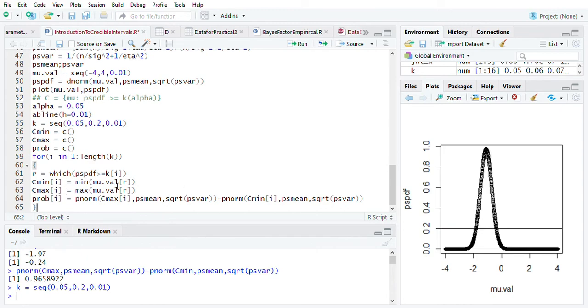The minimum of that set gives me the lower limit for the interval, and the maximum of the set gives me the upper limit for the interval. Now once the interval is constructed, we check whether the interval fulfills the condition that the probability should be at least 1 minus alpha. So now let us try to run this.